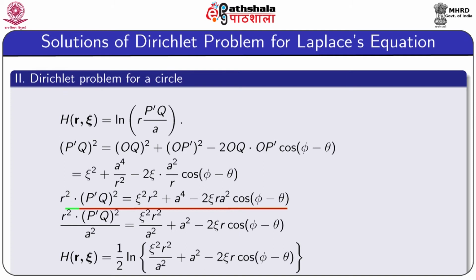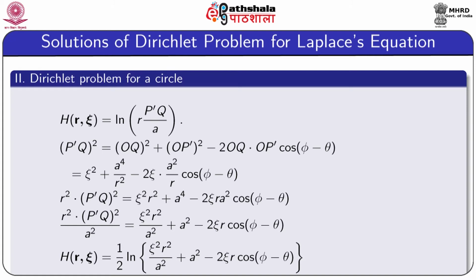So, for the value of r square P dash Q square, we multiply the expression by r square. So, it becomes xi square r square plus a to the power 4 minus 2 xi r square cos phi minus theta. Then we divide the expression by a square. So, we get the value of r square P dash Q square by a square as xi square r square by a square plus a square minus 2 xi r cos phi minus theta.